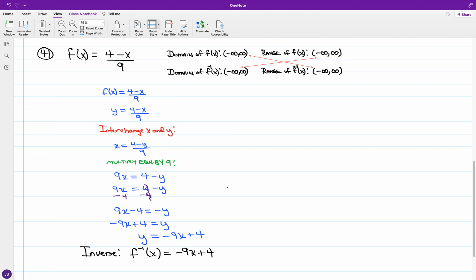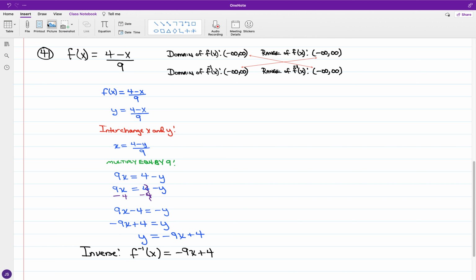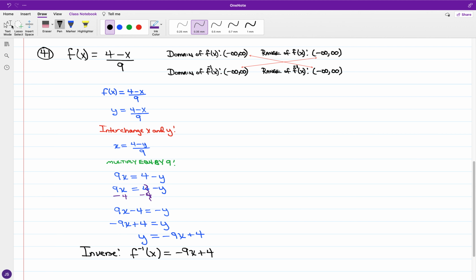And those are composed together as x. And if they compose together as x, you're going to have the graphs of these items run symmetrically with respect to the line y is equal to x.